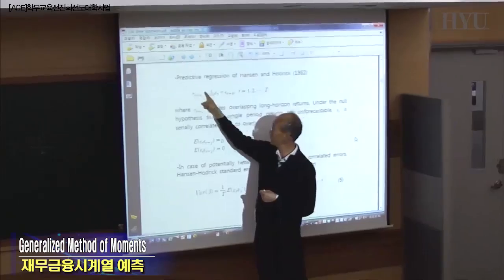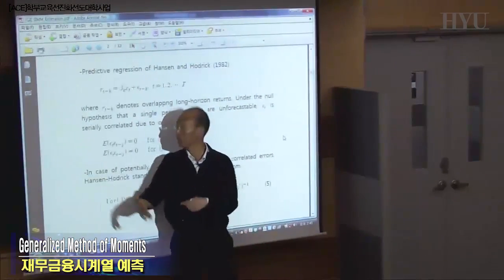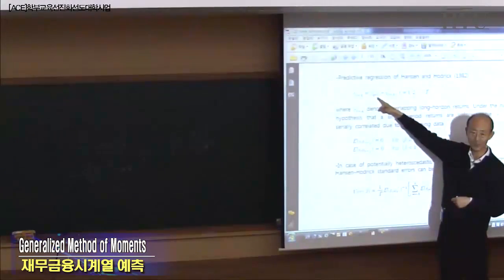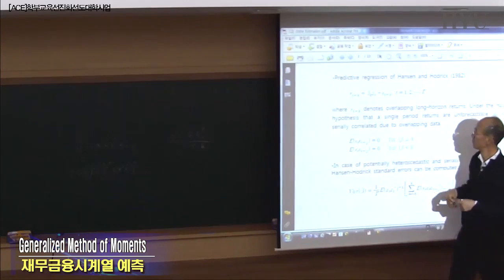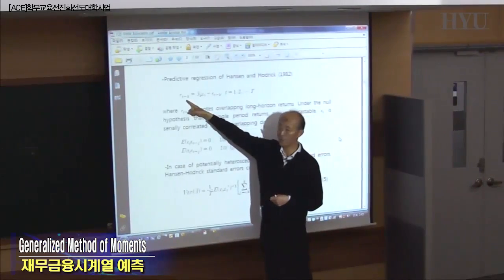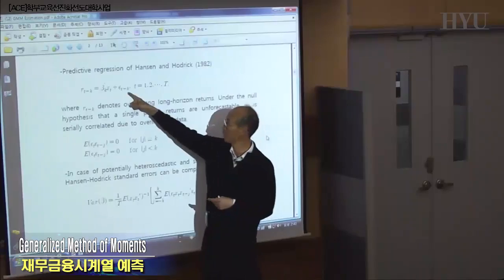K period overlapping return is regressed on a dividend yield, for instance, earnings price ratio. And because this is overlapping return, there will be a serial correlation, right?